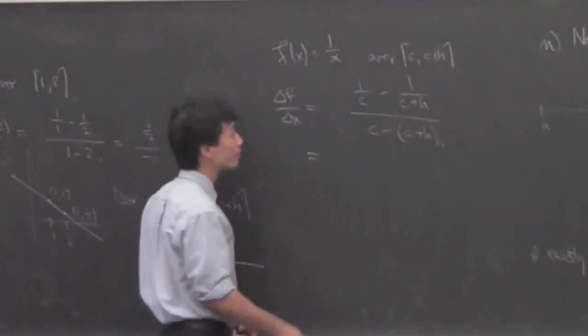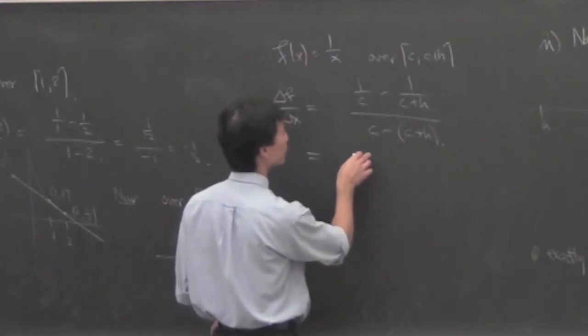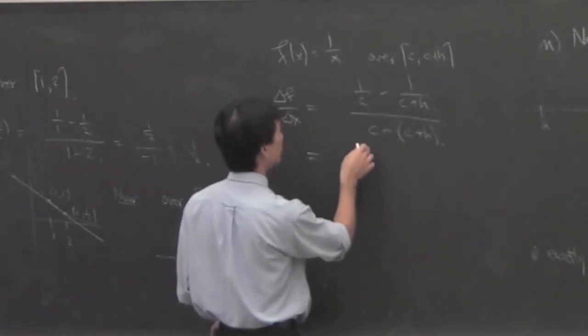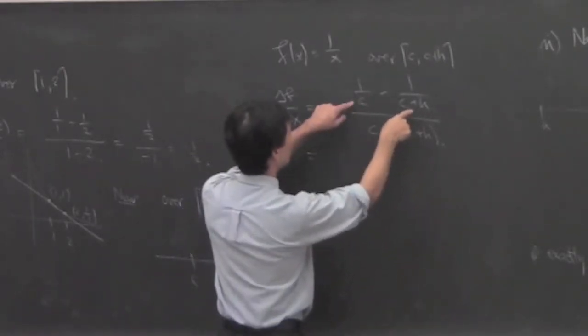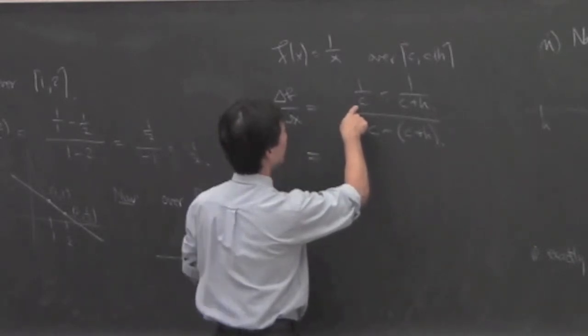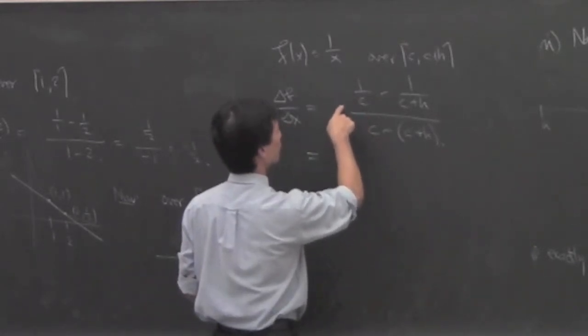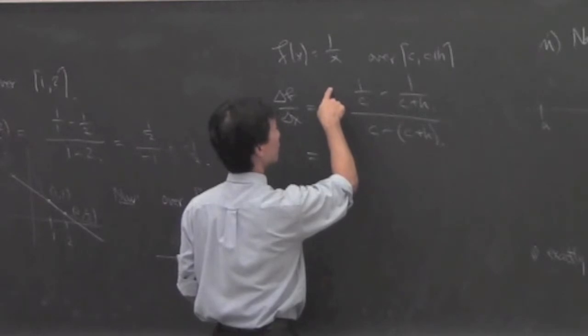Lauren? So can you multiply on the top both sides by c plus h over c plus h, to share the same denominator? Okay, so you're going to find, wait, what are you doing?